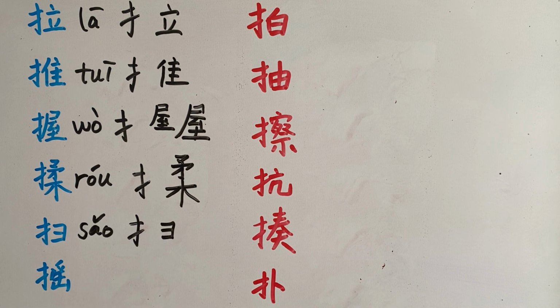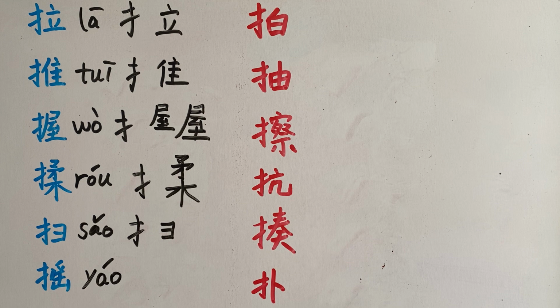Next one, 摇. It has the same pronunciation as Yao Ming, the NBA basketball player. His last name is the same pronunciation as this one.